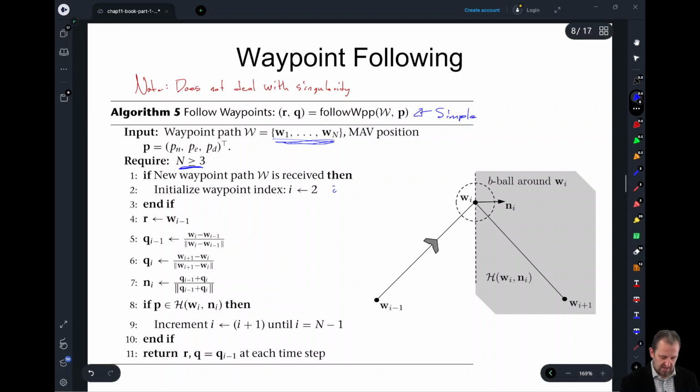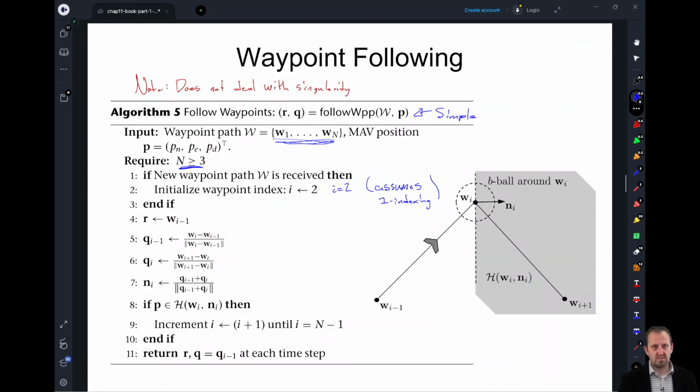Okay, so if we have a new waypoint, then we're going to initialize the waypoint index i to equal 2. So this assumes 1 indexing, kind of like MATLAB. If you were to do 0 indexing like Python, you might set i equal to 1. Either way, we're trying to get our second element.